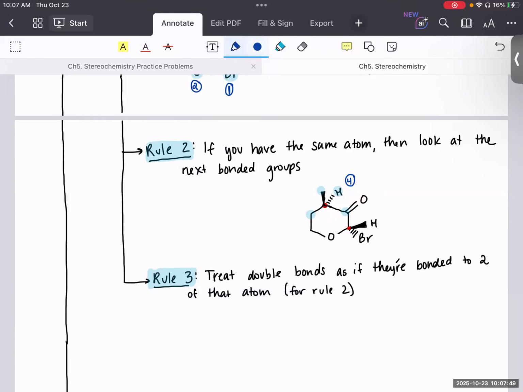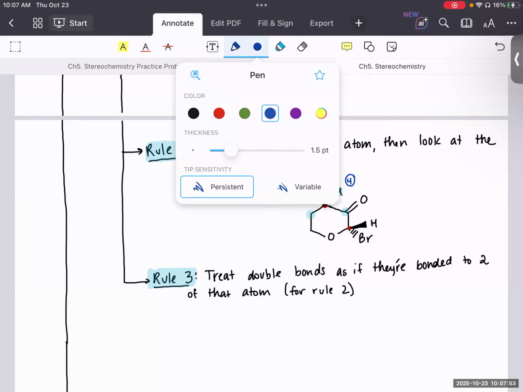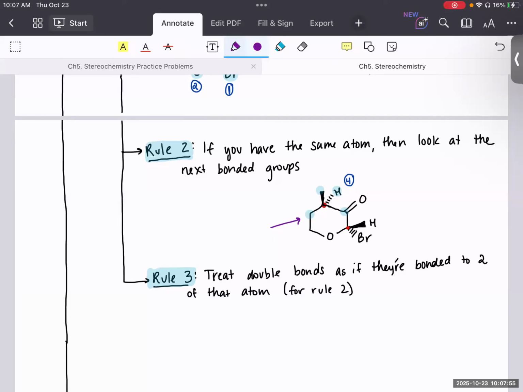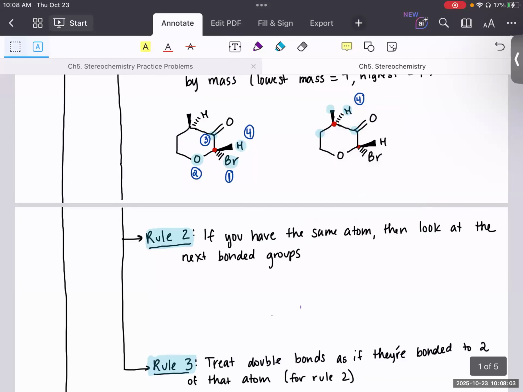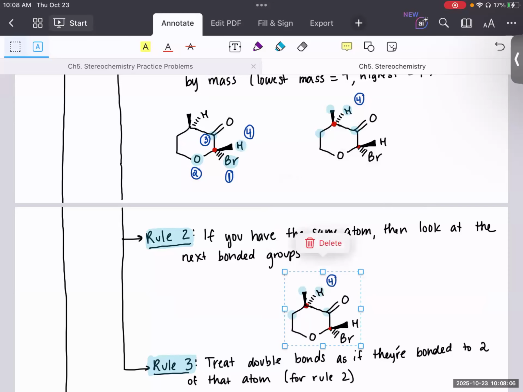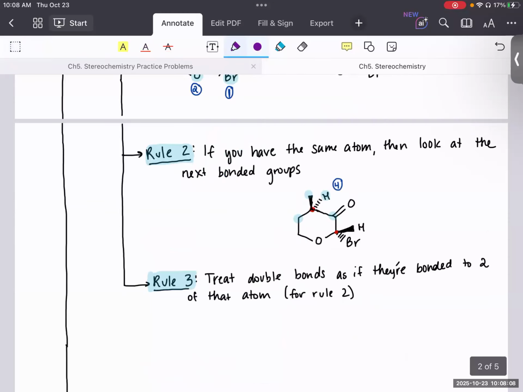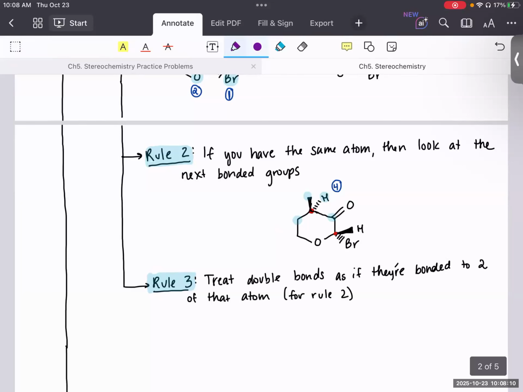So this carbon on the left is bonded to, sorry, let me get that back, that disappeared. Okay, so here this carbon right here is bonded to two hydrogens and a carbon. So it's a carbon, hydrogen, hydrogen.